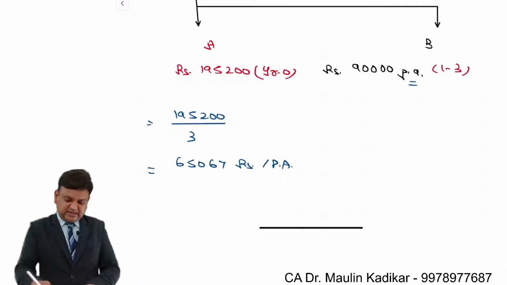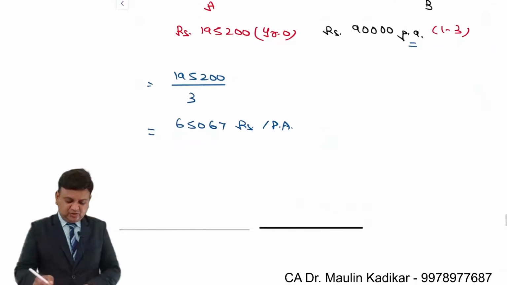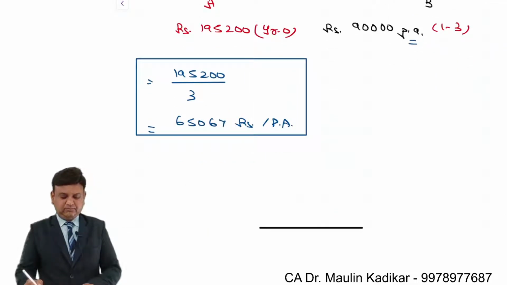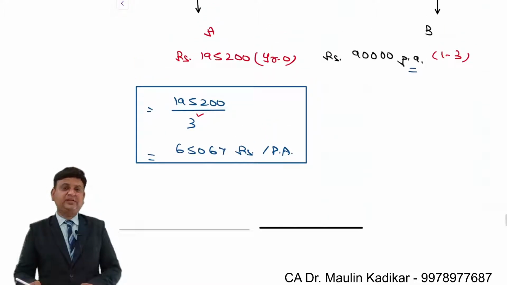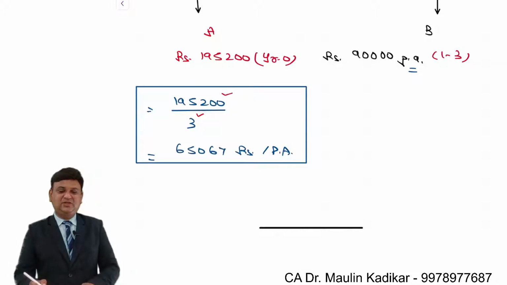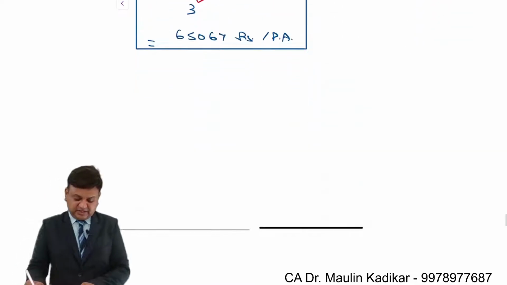Again friends, we understand that over here there is ignorance of the concept of time value of money. Why? Because over here we are dividing only by 3. We cannot divide it by 3, because this is a year 0 expense. So dividing by 3 is ignoring the time value of money concept once again.